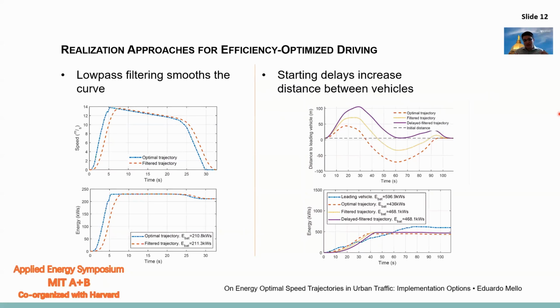When we filter that trajectory, that distance is greatly reduced, but still not within a reasonable threshold. When we then further insert a delay in that trajectory, we are able to maintain the distance between the two vehicles in an acceptable range, and in this case it's stipulated to be 5 meters.